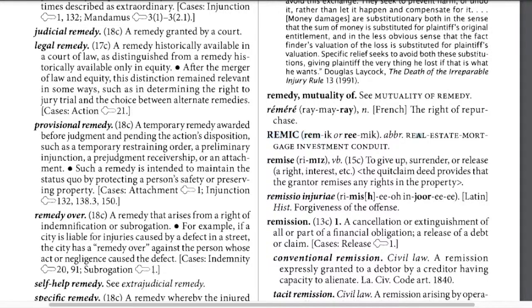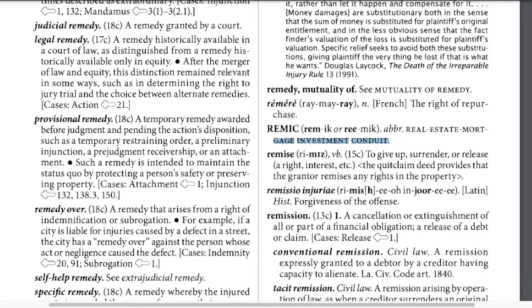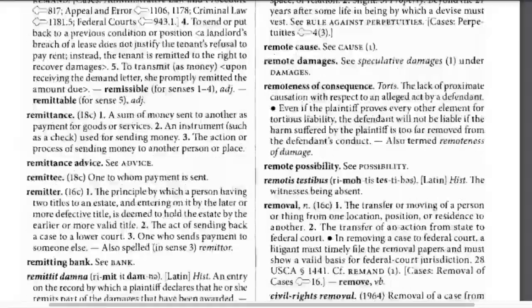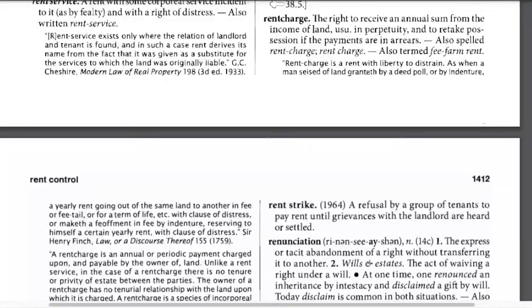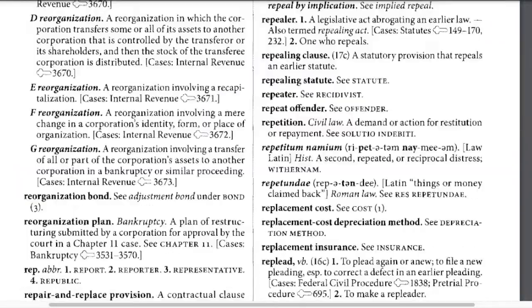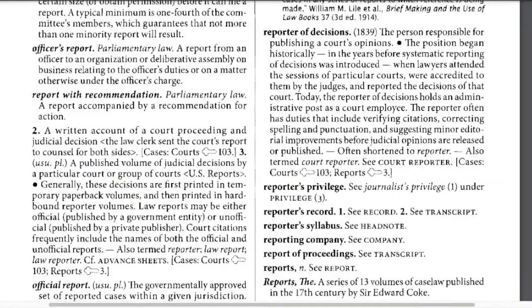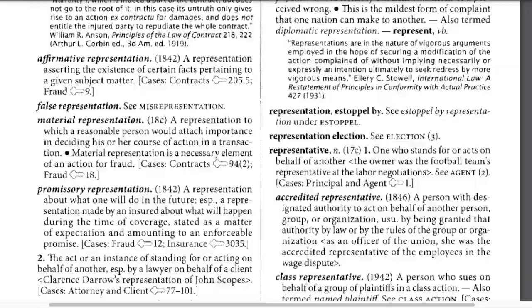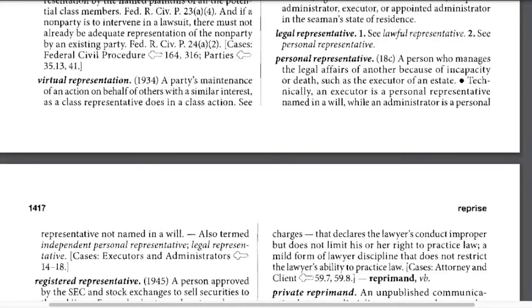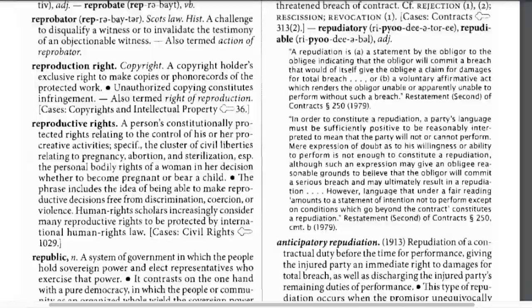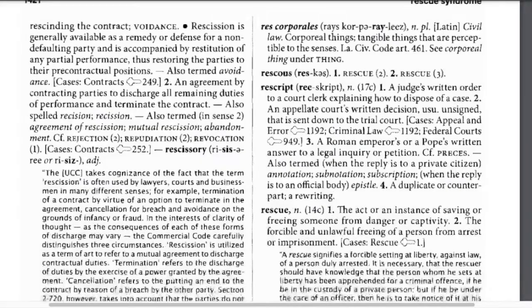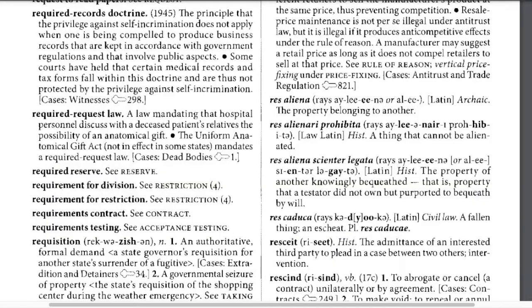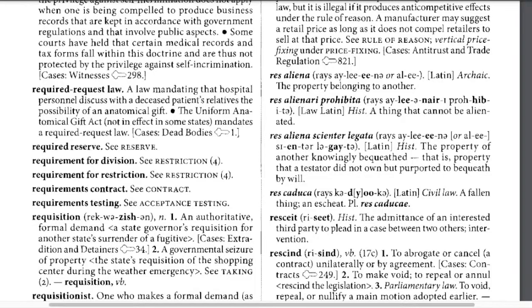REMIC, the real estate mortgage investment conduit. No definition, just the abbreviation. All right, I digress. Let's get back to res judicata. Lord, a lot of R's, aren't there? Oh, passed it, didn't I? Res.